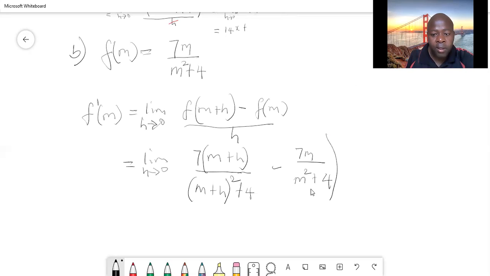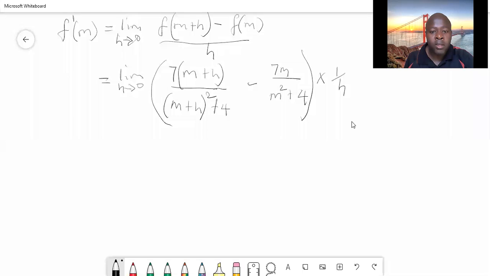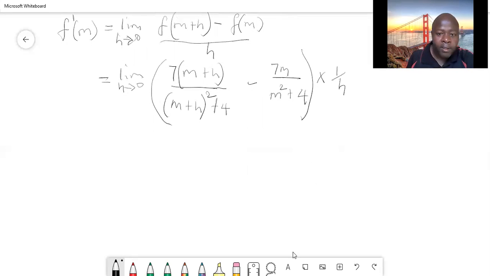The whole thing is divided by h, so let's just say times 1 over h. That's the same as dividing the whole of it by h. So at this point, it's obvious to us that since we are subtracting fractions, we need an LCM. So for us to simplify, we require an LCM.